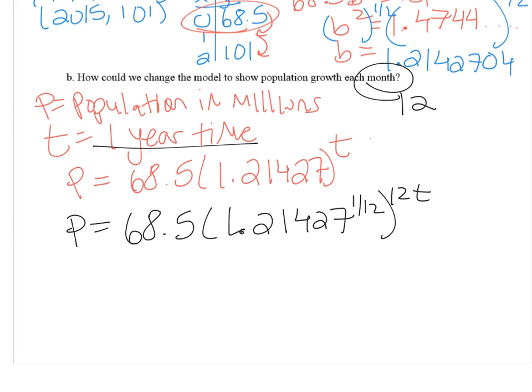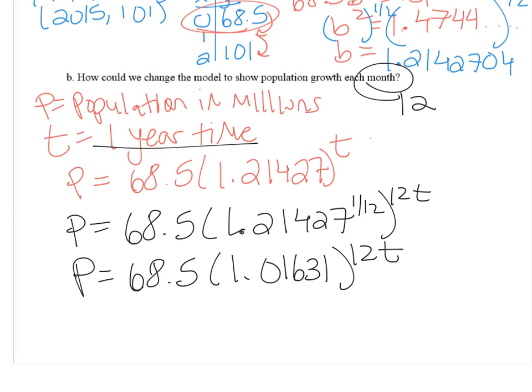Make sure to put parentheses around your exponent. So converting the decimal to a percent, we're going to move the decimal over 2 places, and that is 1.631% each month.